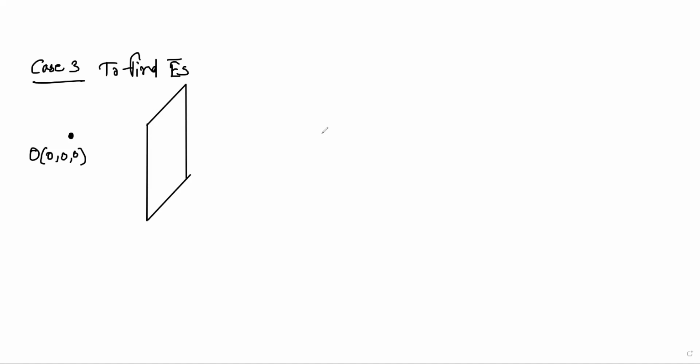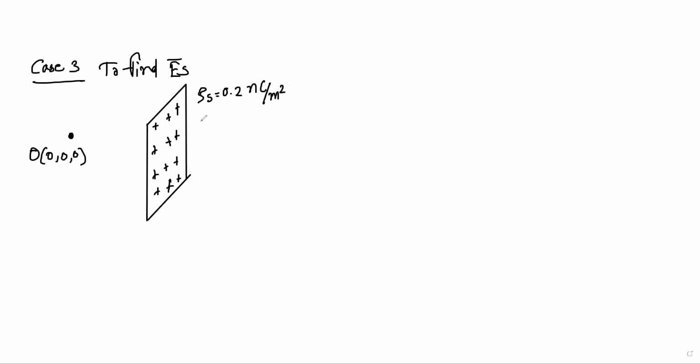So let's assume the charge is completely distributed on this surface. This is a surface having uniformly distributed charge on it. So what is the density of this charge? They have given rho s is equal to 0.2 nanocoulomb per meter square. This is the surface charge density by which the charge is distributed on the surface.